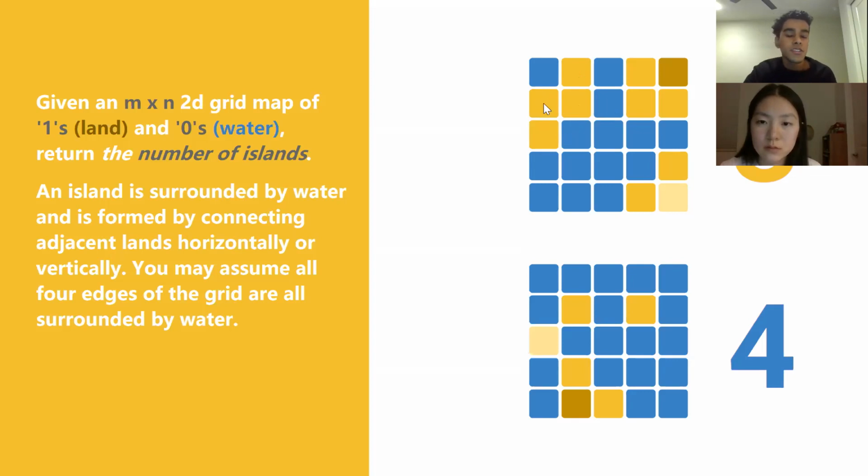So then we move over to this one and we turn this into a 0 because we've traversed over it and it becomes water. Then we go here and we check to see if it has any neighbors. We repeat the same process where we move over to this node, change this to 0. We check neighbors here, and that terminates the search because there are no undiscovered neighbors. There's only water and discovered neighbors.